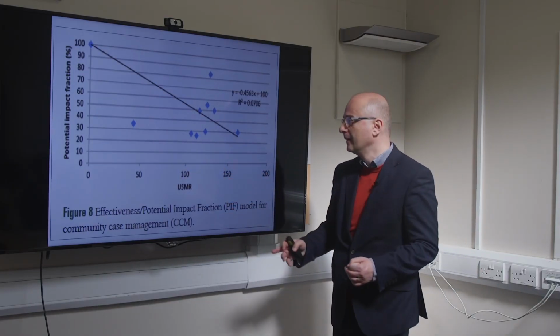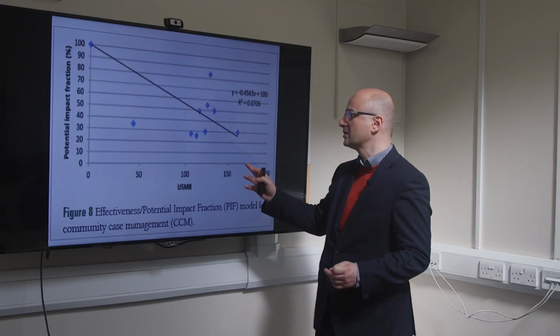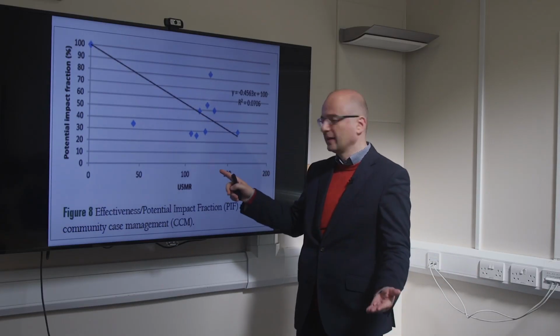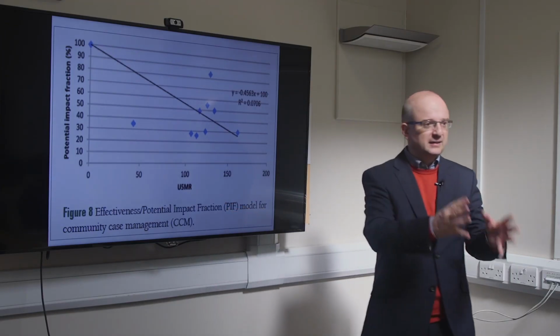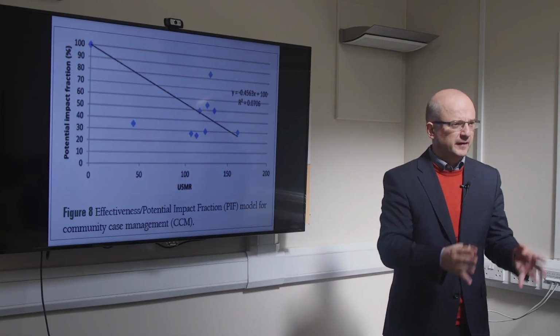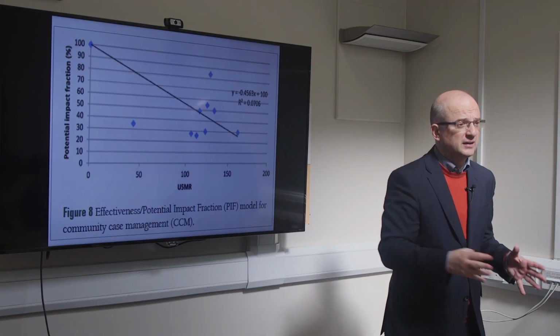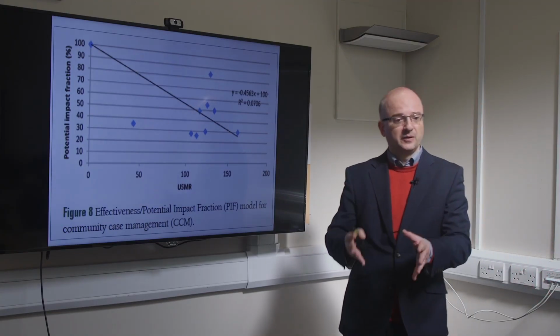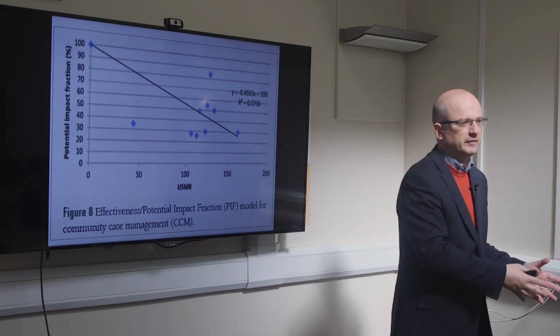So if we could know the relationship of community case management effectiveness and how it drops by under 5 mortality rate, then we could calibrate it and adjust to whatever the under 5 mortality rate was in each quintile of each country, because obviously quintile 5 in Peru was still better off than quintile 5 in Bangladesh.